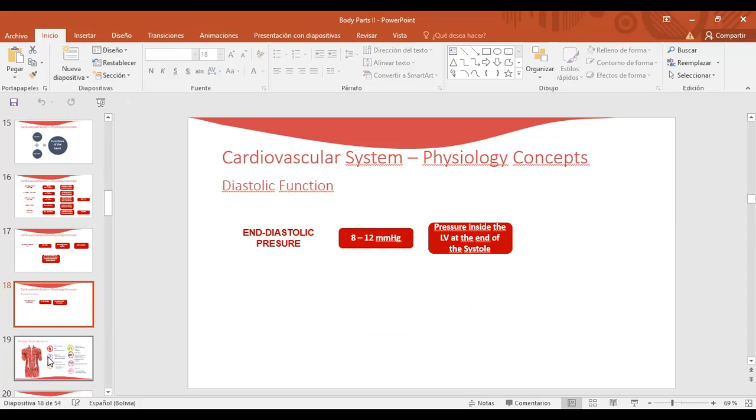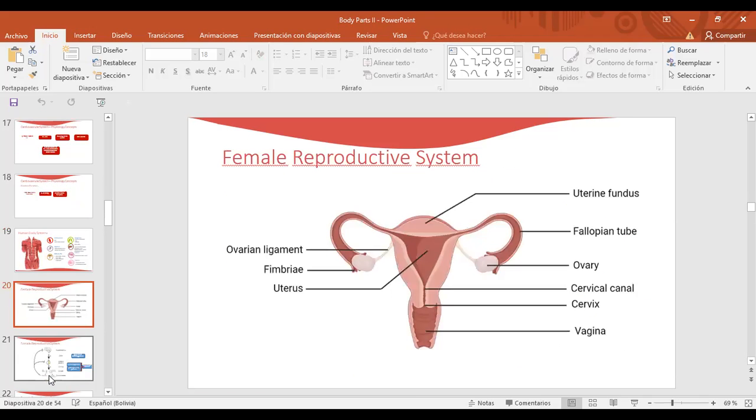Which one? I can't see it. I'm sharing my screen. You don't get to see it? The old slide, or which part? What about here? Do you see any slide? Female reproductive system? Yes.